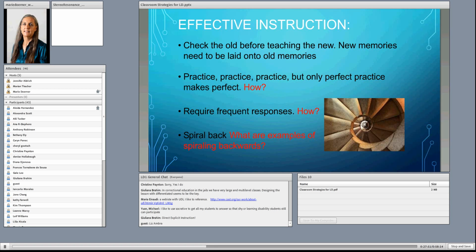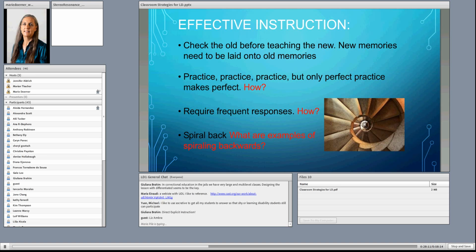To do that, we really want to lay the new memories onto old memories, so that if we have an old memory that's got strong pathways within our brain, then you want the new ones to be hooked onto that. So check the old, and then before teaching the new, really get students to know what students' background information is so that they can tie the new onto that.